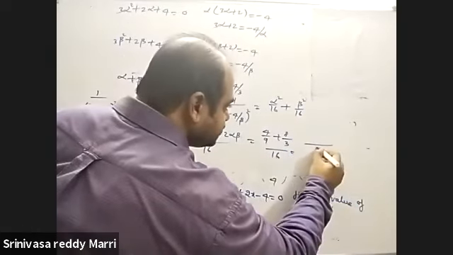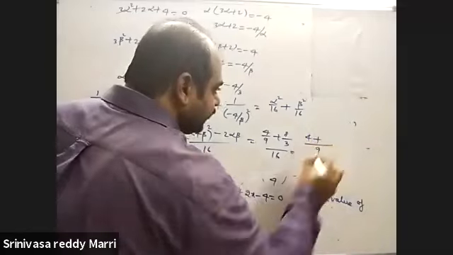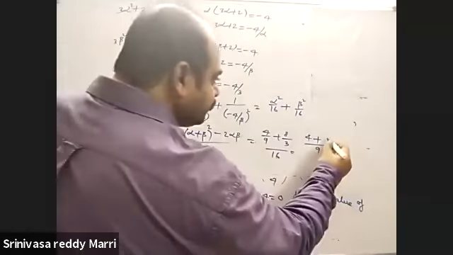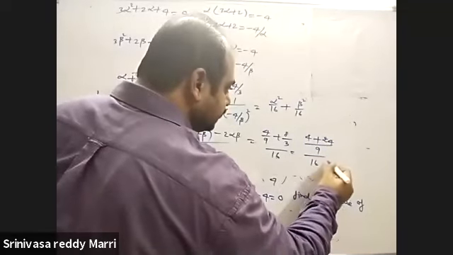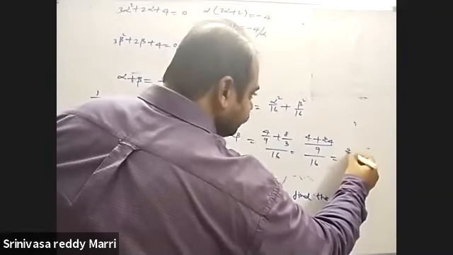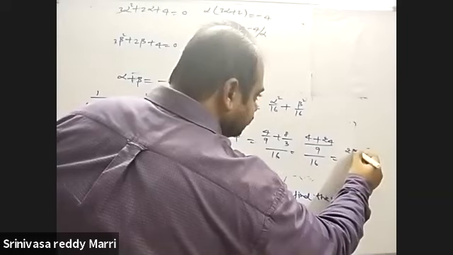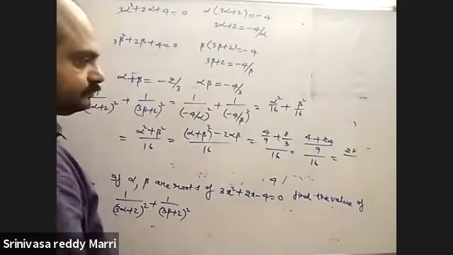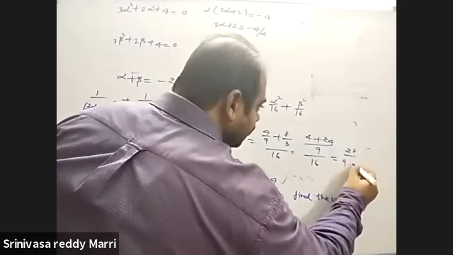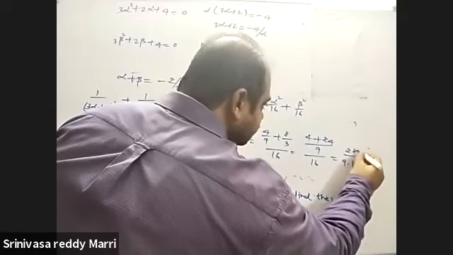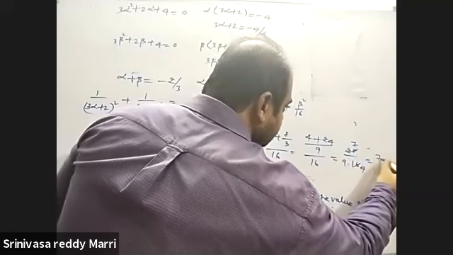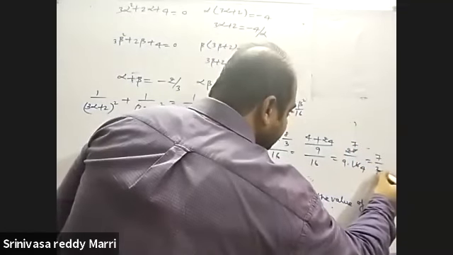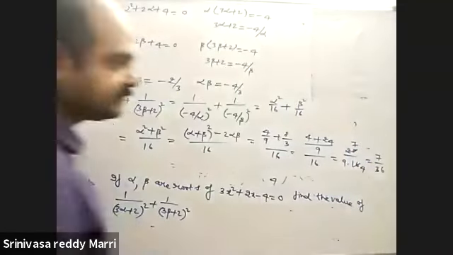So LCM is 9: 4 plus 8 into 3, that is 24, divided by 16. This is nothing but 28 divided by 9 into 16. So 4 sevens, so 7 divided by 36.